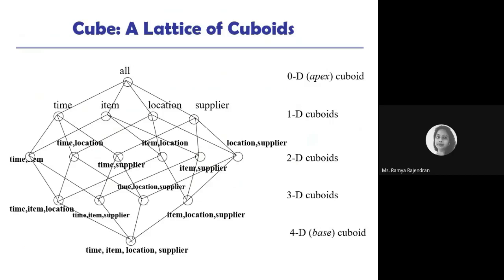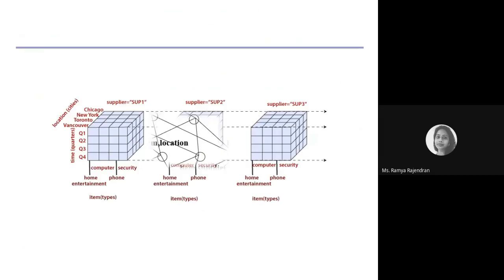Here I have 1-dimensional, 2-dimensional, 3-dimensional, and 4-dimensional cuboids. When I get the 4-dimensional cuboid at the end, it is called the base cuboid. But when we have all the information together initially, it is called an apex cuboid. Here we just have a 3-dimensional cuboid. We had product information, time, location.